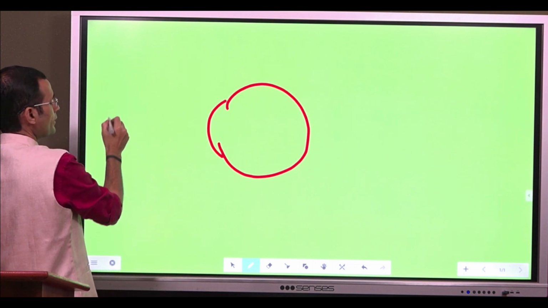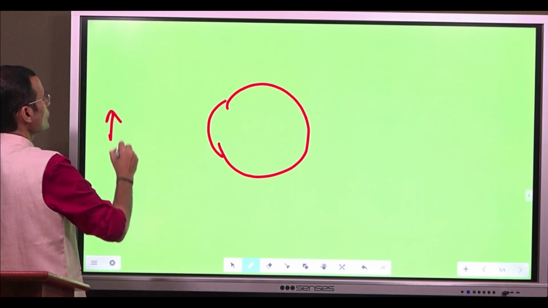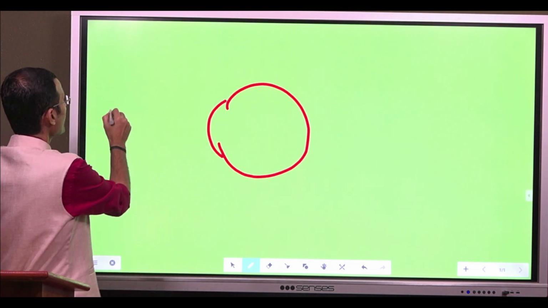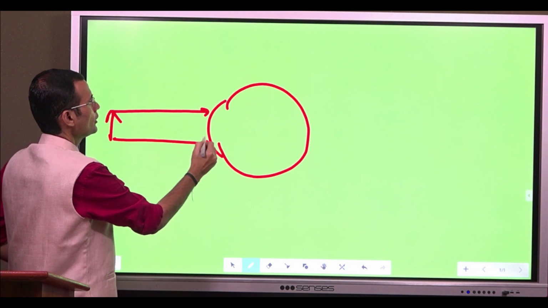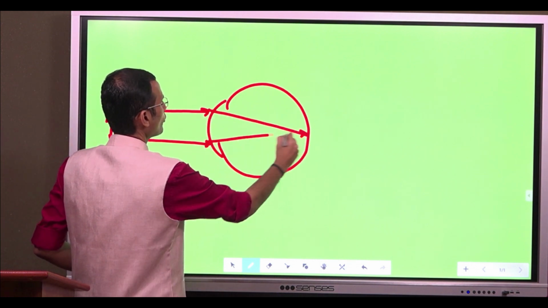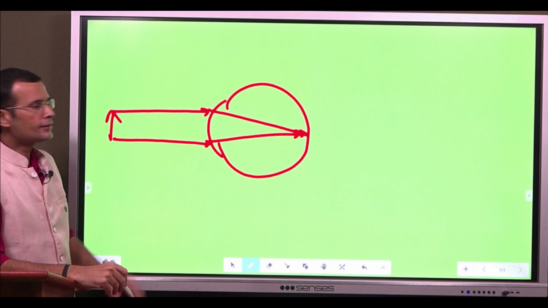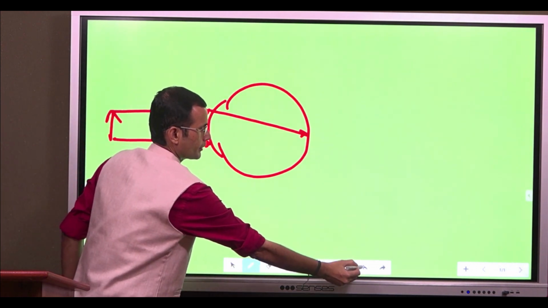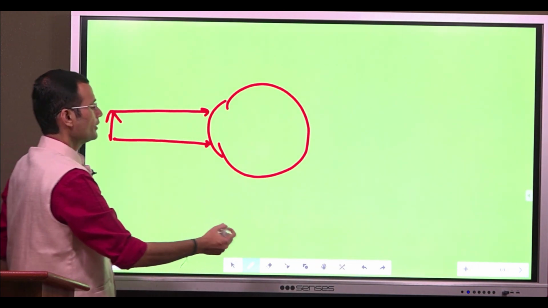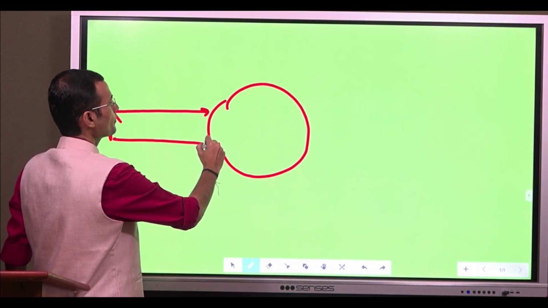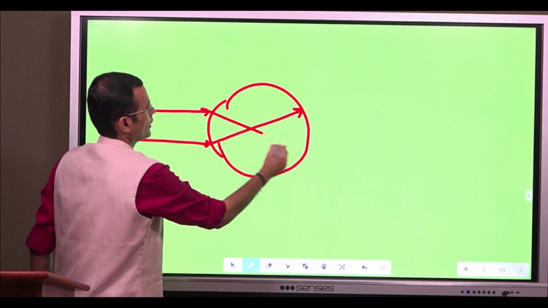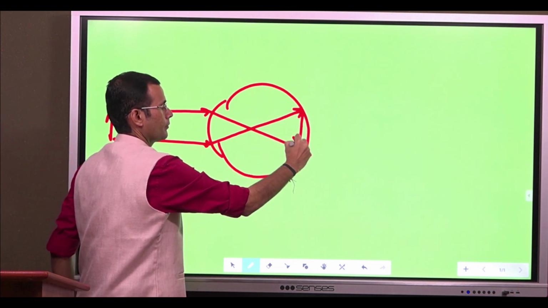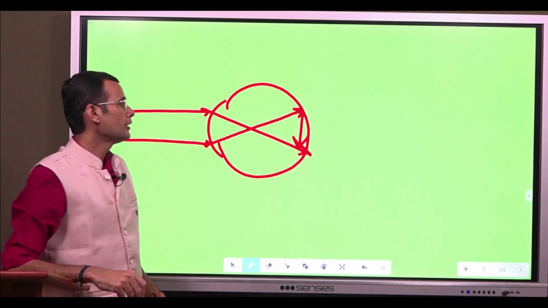There is an object at 6 meters distance or anywhere beyond 6 meters up to infinity. The light rays coming from such an object will automatically focus on the retina. This is just a diagrammatic representation, because let me just add here that the light rays are going to form an inverted image of an object on the retina.